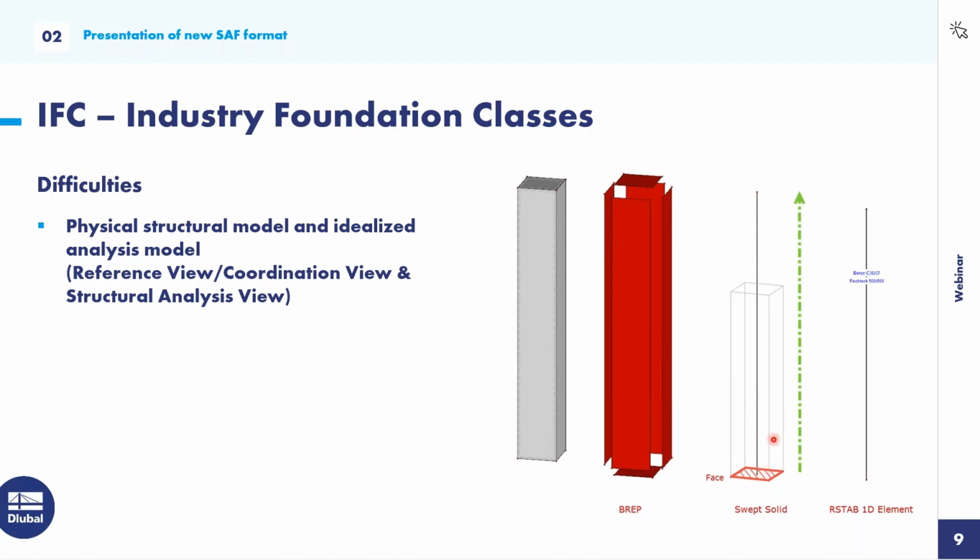So the biggest challenge is now to create from a 3D element, which is normally a volume or a solid element, a line or member, so a 1D element. And this is the biggest challenge in the exchange of structural analysis models between CAD programs and structural analysis programs.